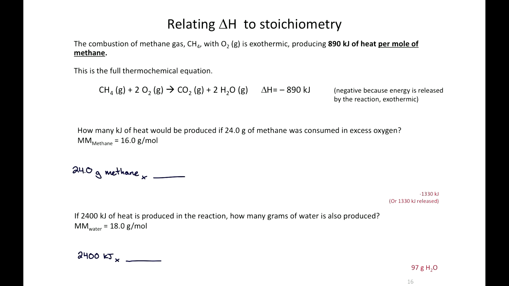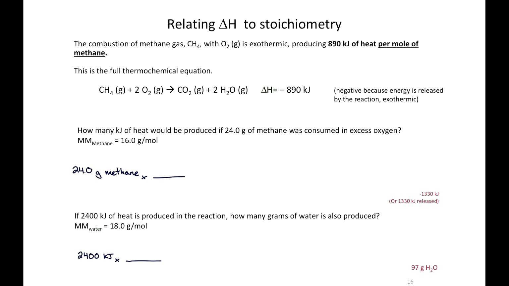A thermochemical equation is just a regular balanced chemical equation, but we have this delta H at the end. So what this means is when I react 1 mole of methane with 2 moles of oxygen, negative 890 kilojoules of energy is released. This is a full thermochemical equation: a regular balanced chemical equation, but with this delta H term in it as well.